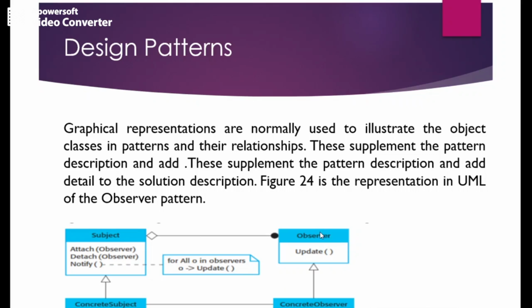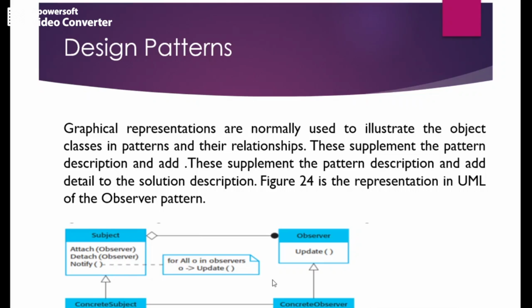Okay, next we have observer, one more class. Sorry, yes, this is aggregation, this is generalization. This is also generalization. Generalization means inheriting. So we are taking two classes, subject and observer, initially. From these two classes, two other classes are inheriting.